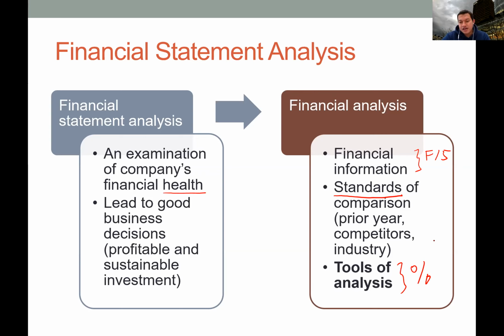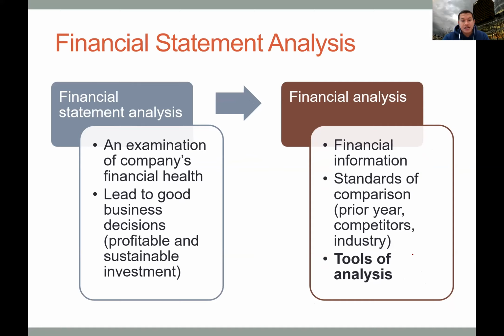Today we only discuss this last part, the tools of analysis: how to calculate the ratios, how to interpret them, and how to use the interpretation in business decision making. At least we need these three components in our analysis.